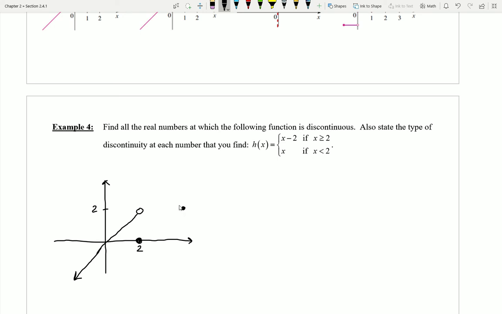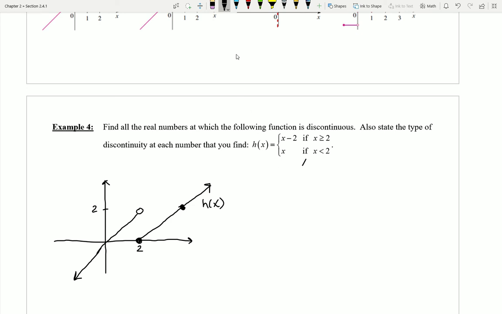And so I'm going to get a picture that looks something like this. So again, this is just a rough sketch of what the picture of h of x is going to look like. Now what I can see here is that my graph has 2 different pieces in it, and it looks like each piece by itself appears to be all connected and continuous.